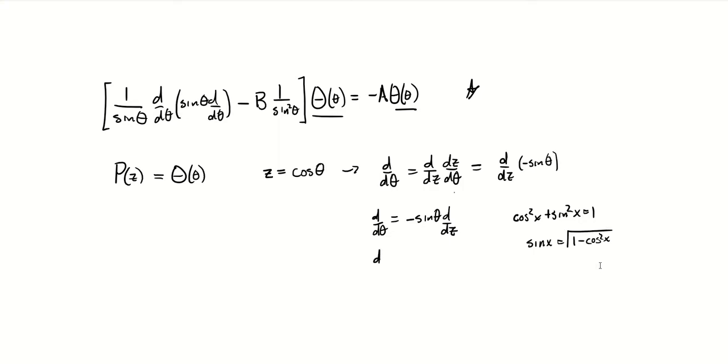So we can write this derivative d d theta in terms of our variable z as negative root 1 minus z squared d dz.